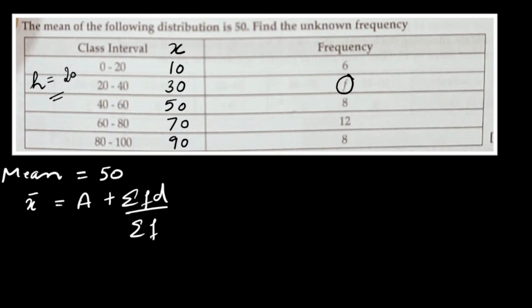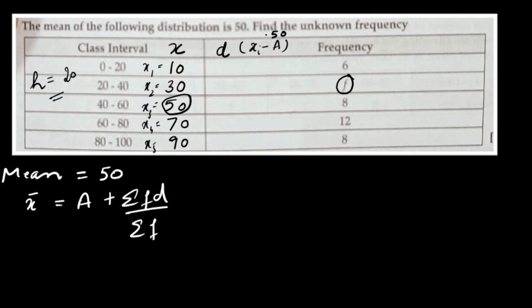After that we have to find the column of deviation. How to find deviation? It is x minus a. We write xi, because x1, x2, x3, x4, x5, there are 5 terms, and exactly the central or middle one we can assume as a. So a's value I have assumed as 50.